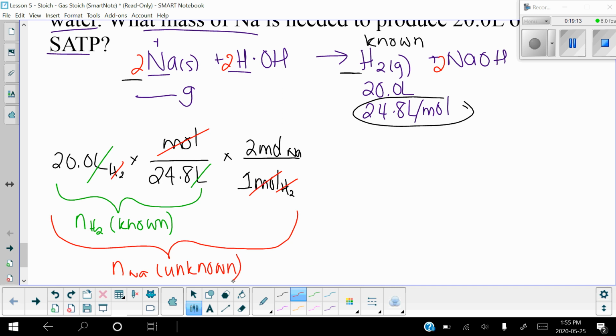Now ask yourself, what am I looking for? Liters, grams? I'm looking for grams. So we need to use molar mass to find this. I'm going to list my molar mass. It's 22.99 grams per mole. Okay, so we're going to divide, or sorry, not divide, multiply 22.99 grams per mole.